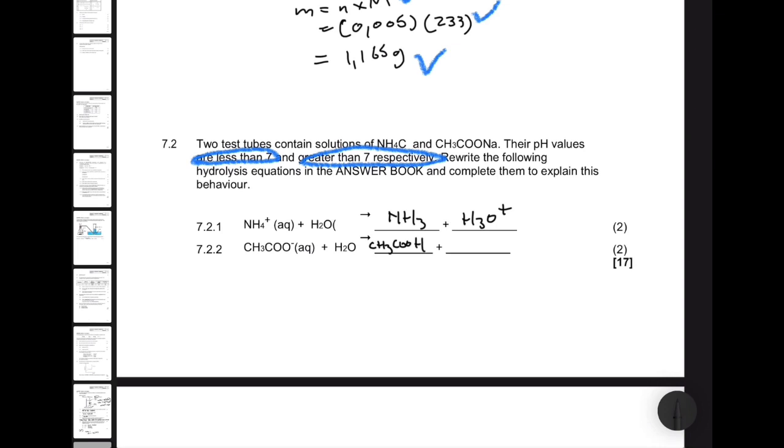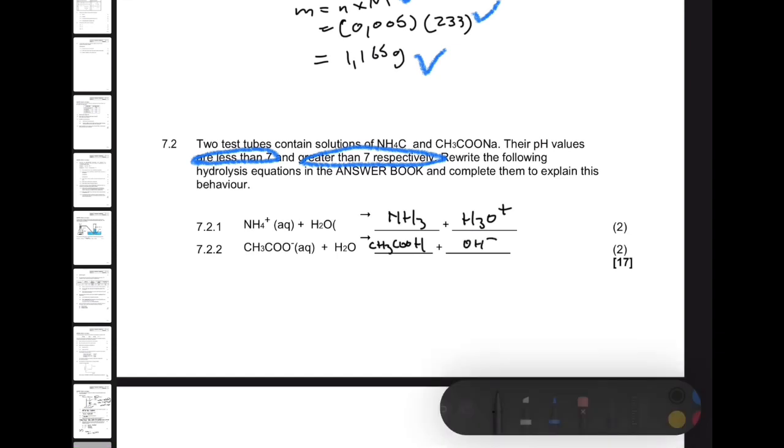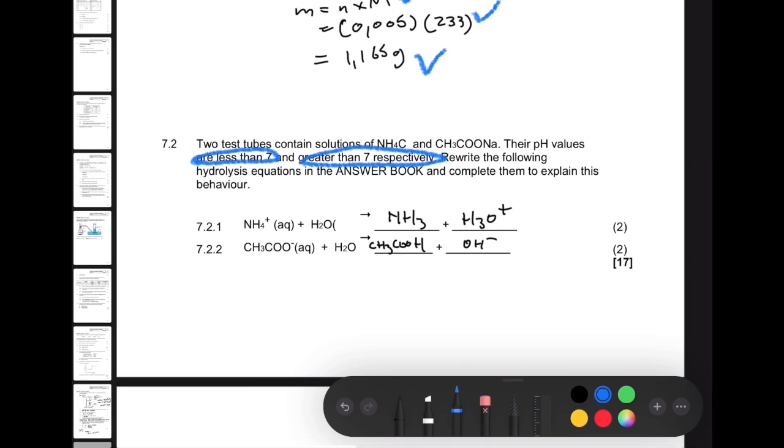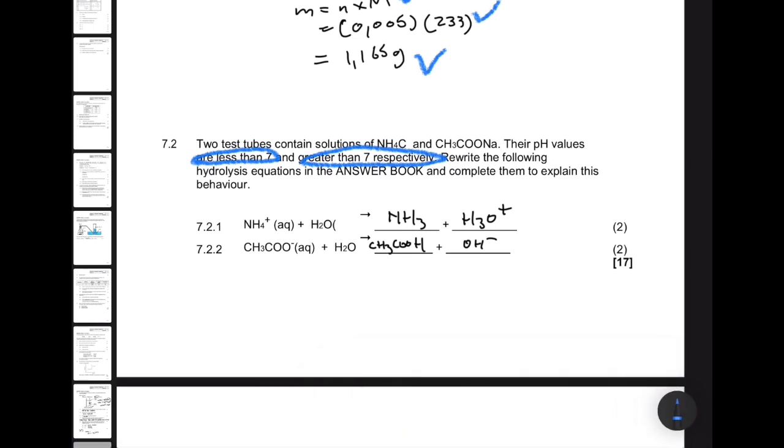There we go, we have gained a proton, and the proton is coming from H2O, so the H2O will now be OH-. And the hydrogen that NH4+ lost came to H2O, so hence here we have H3O+.